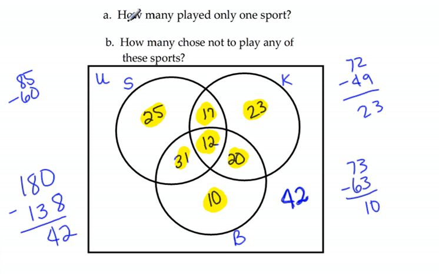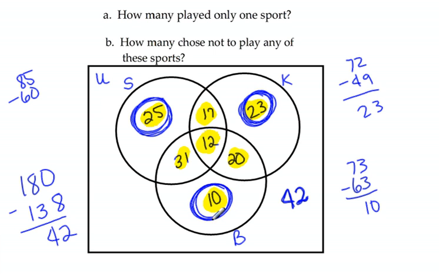The first one said, how many played only one sport? Now the regions here that represent only one sport would be ones that you don't see intersecting with other regions. So I have 25 students who only played soccer. These others played 2 sports or 3 sports. I have 23 that only played kickball.